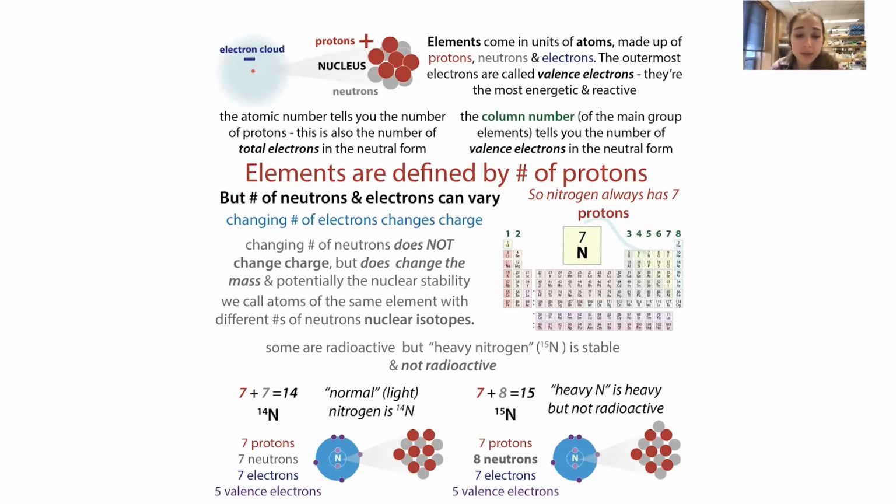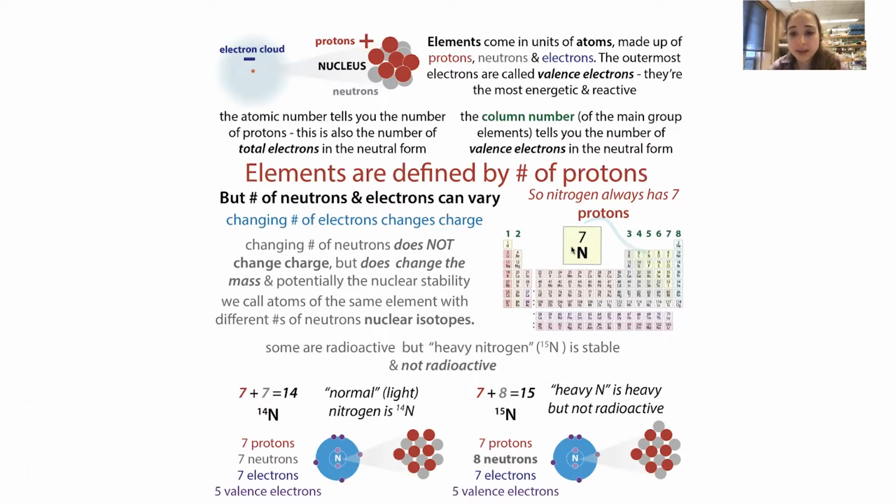Molecules are made up of atoms, and these atoms are made up of smaller parts, subatomic particles. In the central nucleus, they have positively charged protons and neutral neutrons, and then they have this cloud of electrons hanging around them.